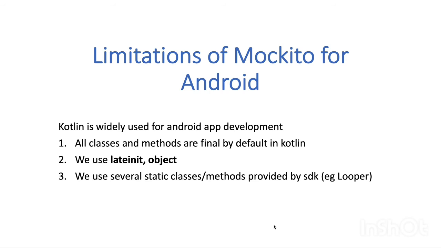Then also we use lateinit var and we use object, which is for a singleton class. We need to carefully consider while writing unit tests for lateinit variables and object classes in Mockito.